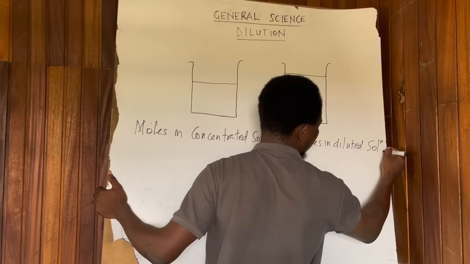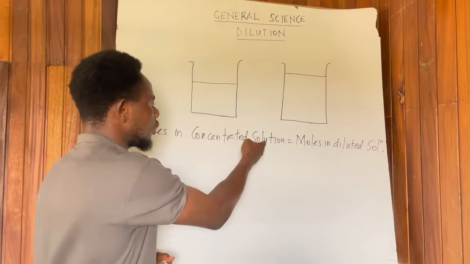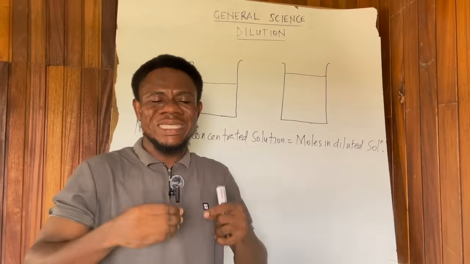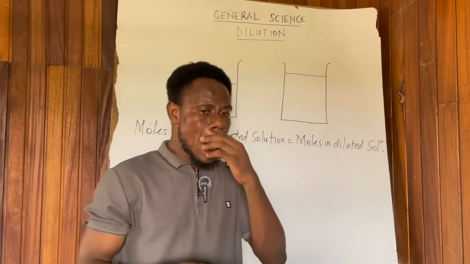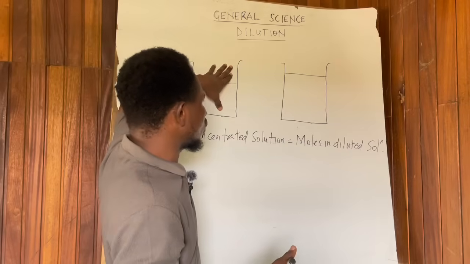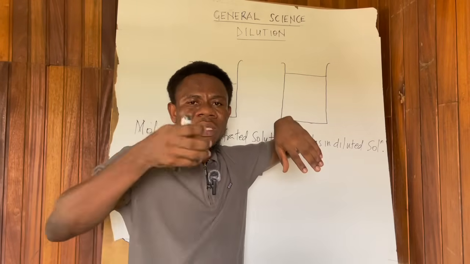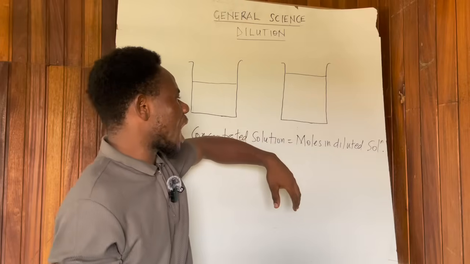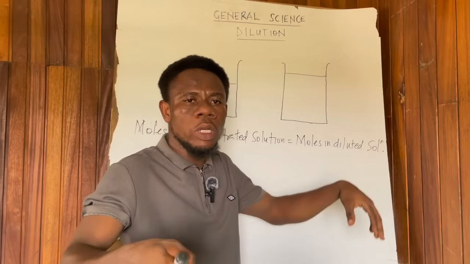Now, when you say concentrated solution, it means the original solution or the stock solution itself. It is concentrated, which means the concentration is very high, but after addition of the water, the concentration will be low.